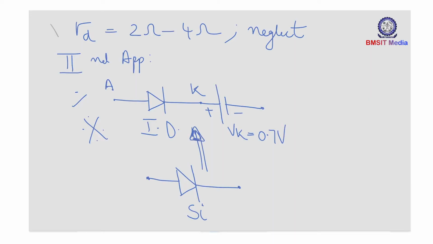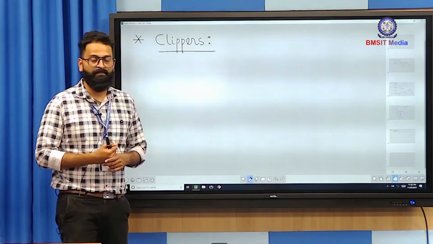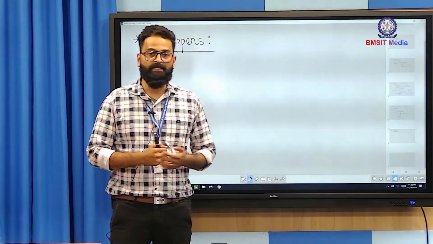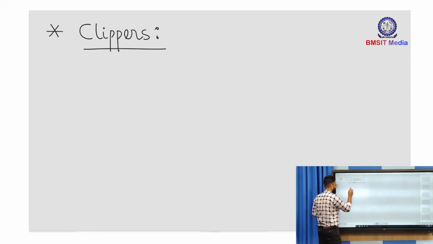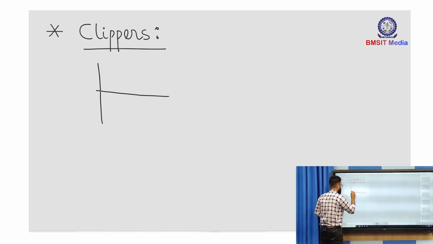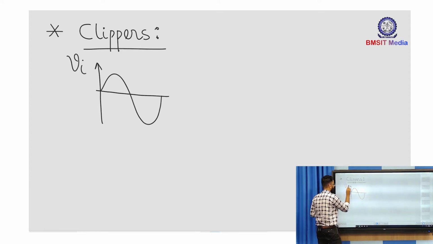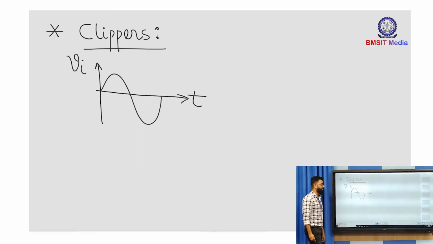So now let us take up the clipper definition. So clipper is a wave shaping circuit that shapes the incoming signal at the desired level. If you talk about a bidirectional signal, say for example, the incoming signal is sinusoidal in nature. So this is your input signal, Vi versus time.